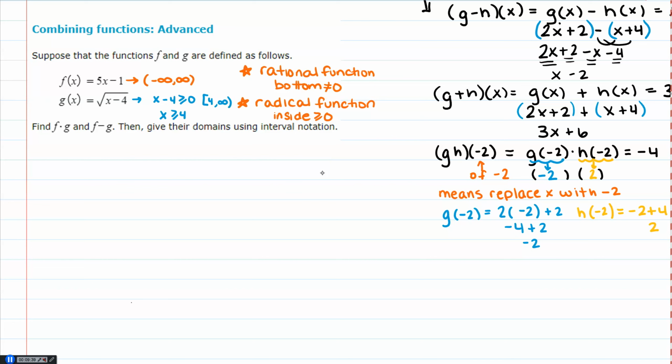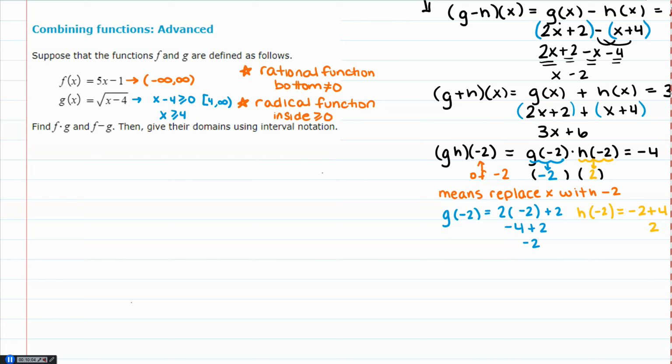So we're going to keep those 2 domains in mind when we make up our new functions. And our new functions' domains will be the intersection of those 2 domains. And then if you've got something on bottom, you have to make that restriction in addition.